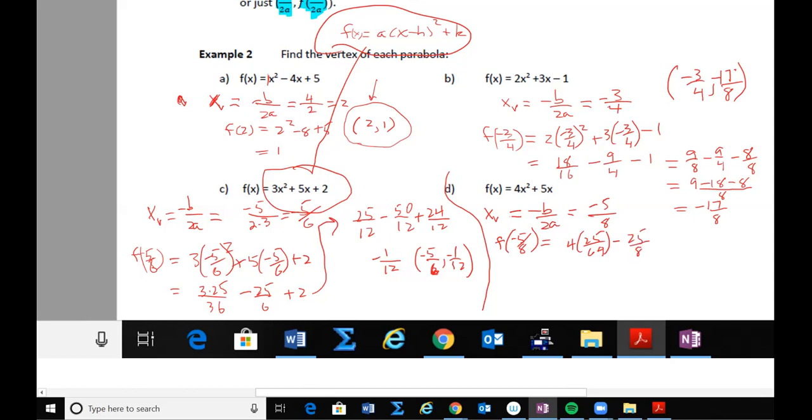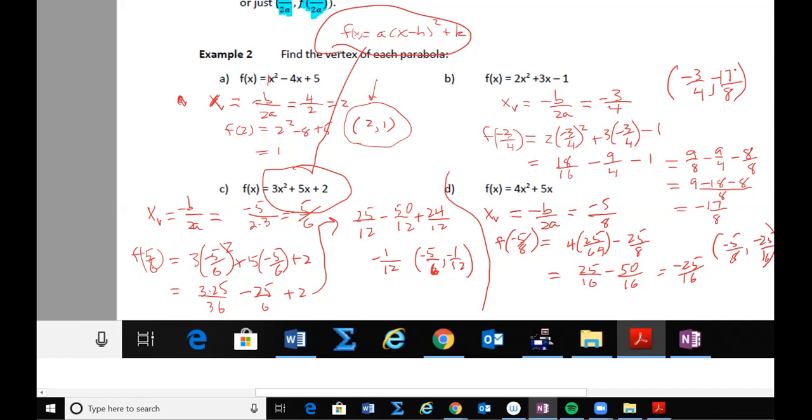So I sped it up a little bit there. That's 25 over 16 minus 50 over 16 is minus 25 over 16. So your vertex would have to be negative 5/8 and negative 25 over 16.